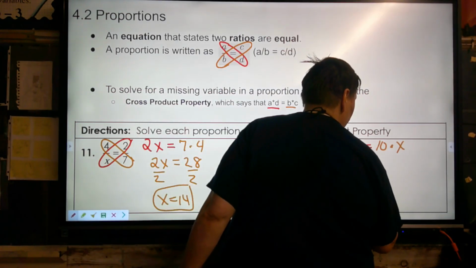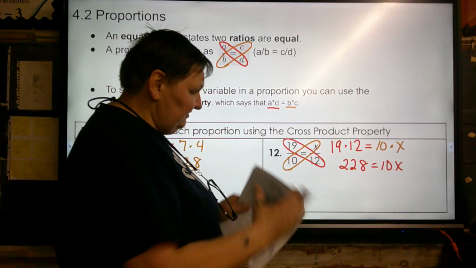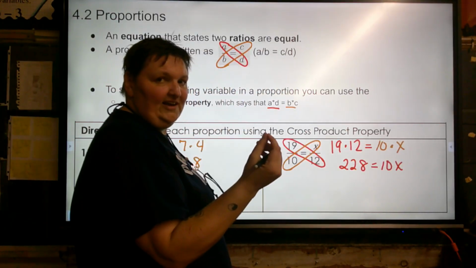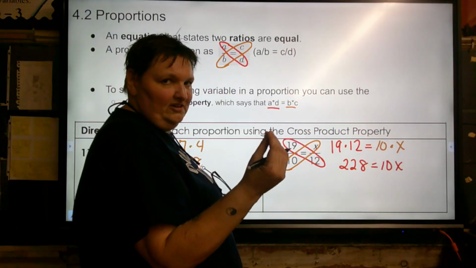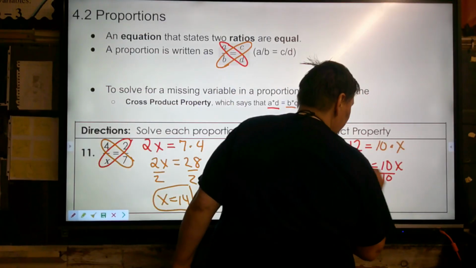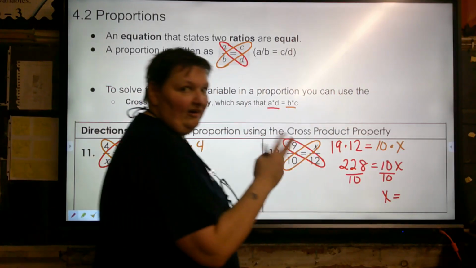Okay. 228 is equal to 10 times x, which is 10x. When a coefficient and a variable are smashed together like that, it implies multiplication. It's always multiplication. All right, get rid of the 10 by dividing by 10. So x, and I'm going to flip it around.